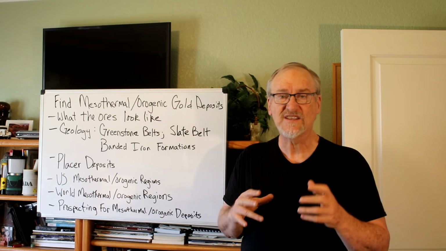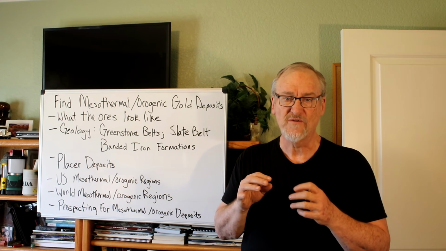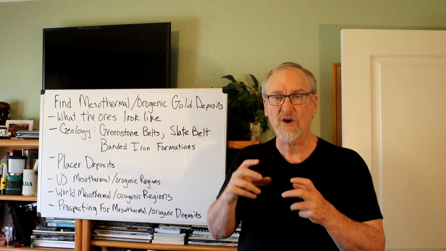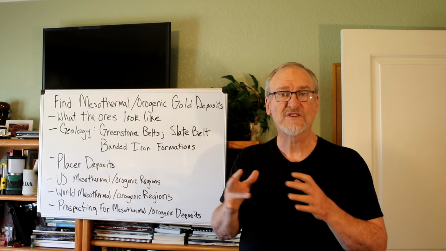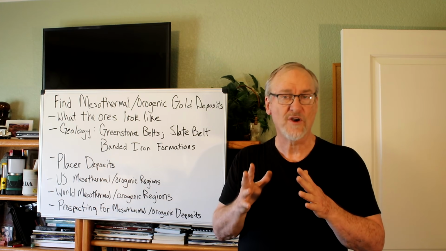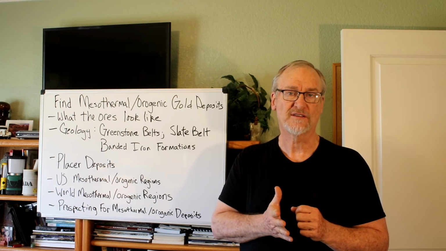The mineralization style varies from, of course, straight veins to various stockworks and breccias and even disseminated deposits. The most common type are the quartz veins, the simple quartz veins hosted by reverse faults.